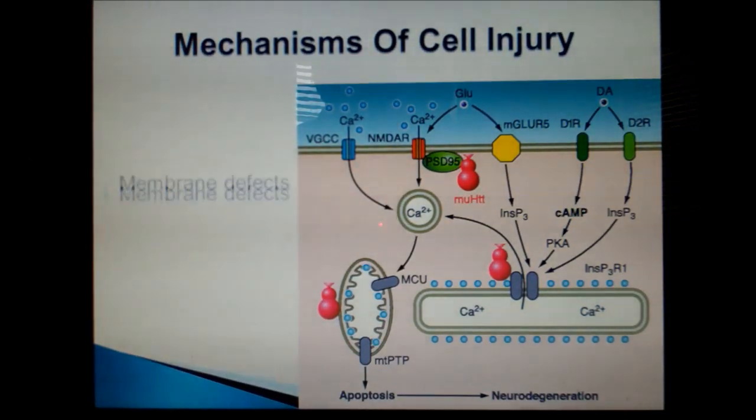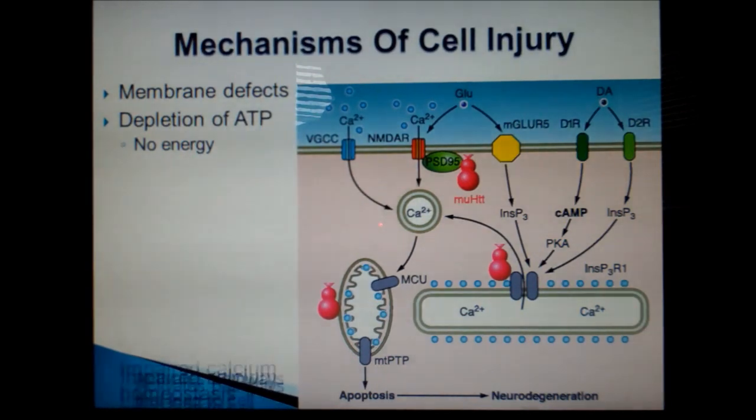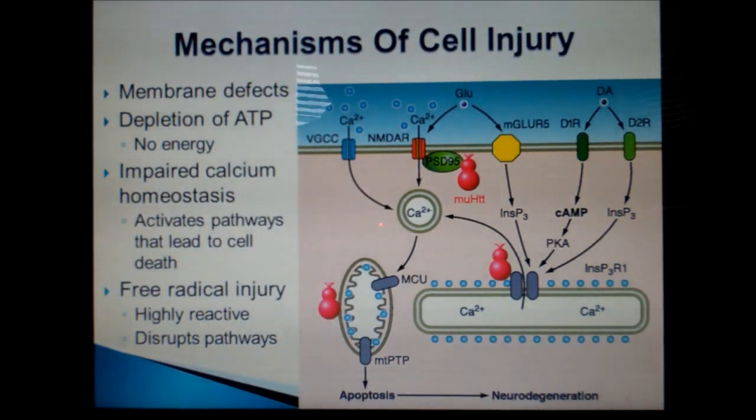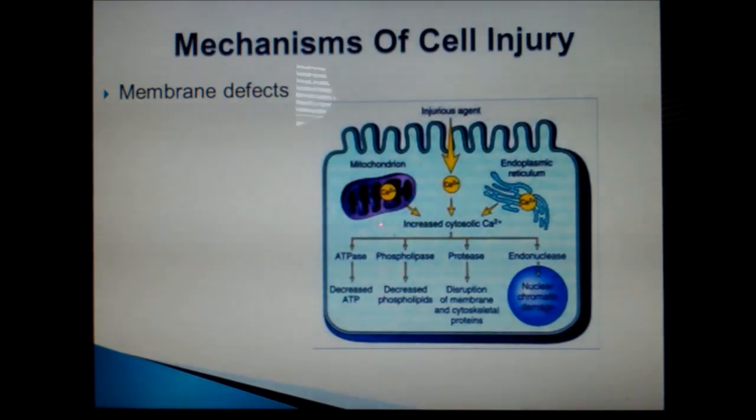Overall, there are four different mechanisms of cell injury and cell death that occur regardless of the type of cellular insult. One, defects in membrane permeability allow for the loss of essential enzymes and the influx of calcium, which damages the mitochondria.